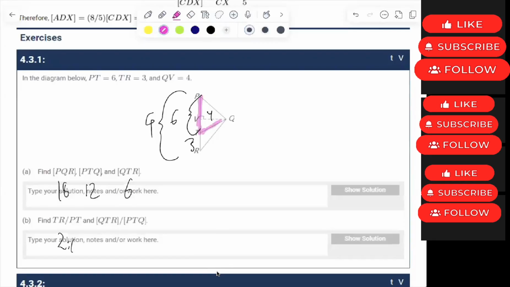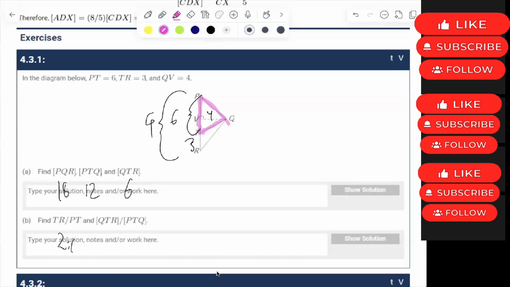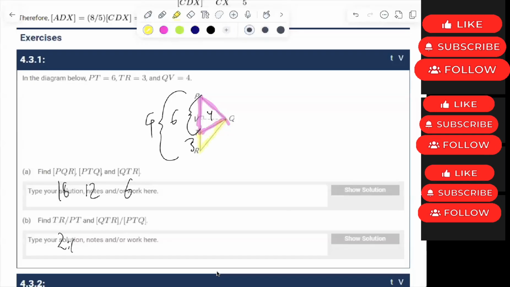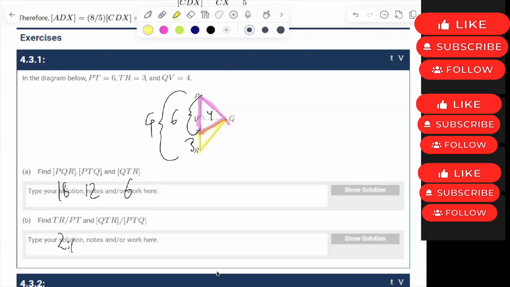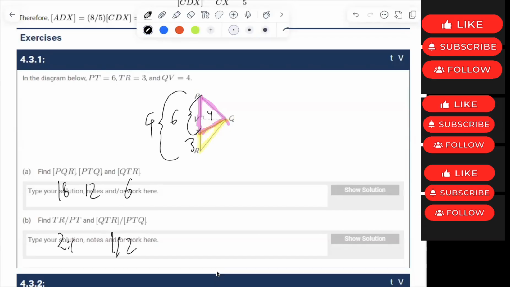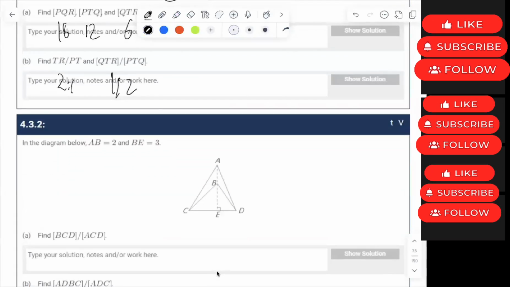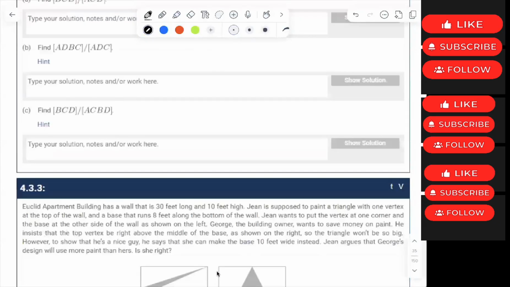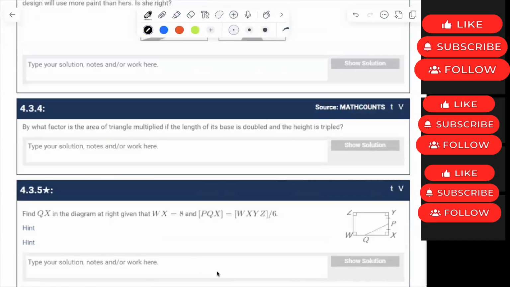This is PTQ, and this is QTR. So that is just going to be 1/2. Same exact ratio, basically. All right. So that's how base ratios work, right?